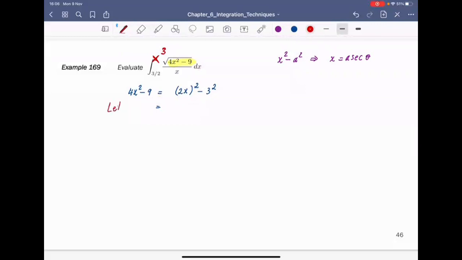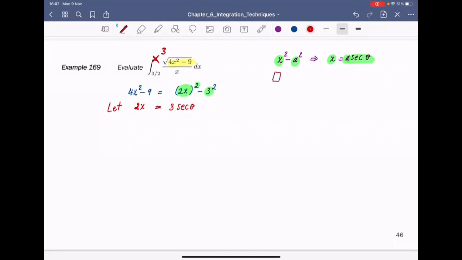We're gonna let 2x equal to 3 times sec theta. Does it make sense? The technique says that if you have x squared minus a squared, you're gonna pick x equal to a times sec theta. So here you have 2x squared minus 3 squared, so we're gonna pick 2x equal to 3 times sec theta. That's good.